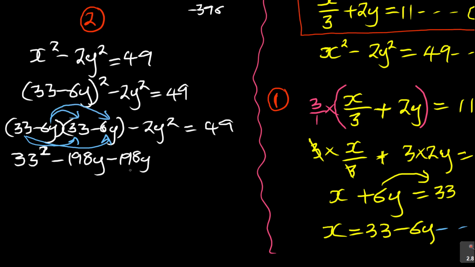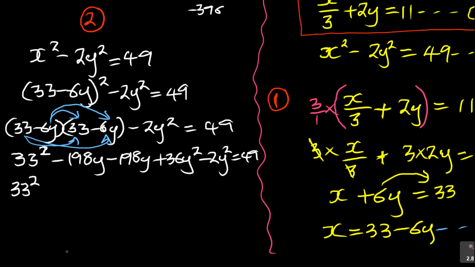Remember that. Alright, so now we are aware negative 6y times negative 6y is plus 36y squared. Then minus 2y squared equal to 49. And then is the center number. So here what you have, the center number is 33 squared.